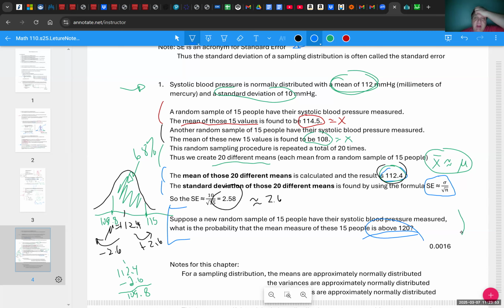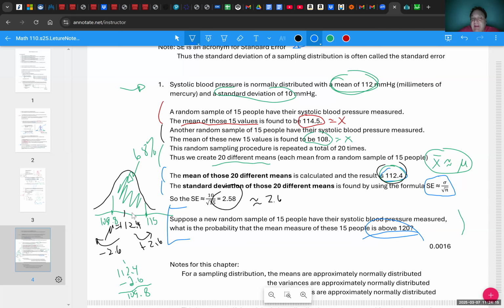Just like we did with other problems, we're finding what's the probability that something is above this or something is between this and this. We're saying what's the probability that the mean of these 15 people's blood pressures is above 120. And we're going to use the same calculator as before, because the sampling distribution is also a normal distribution.